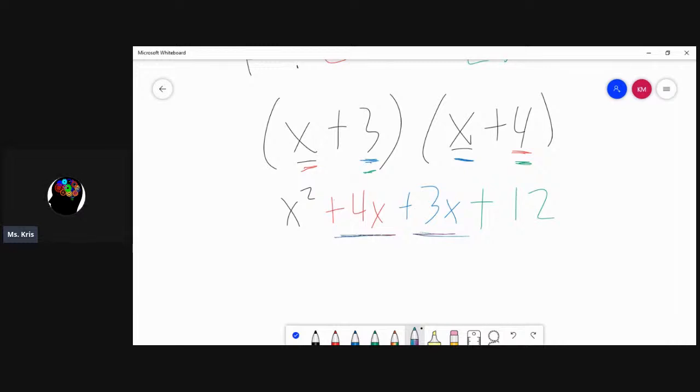Therefore, x squared plus 7x plus 12 is my answer. And that is how you do the FOIL method.